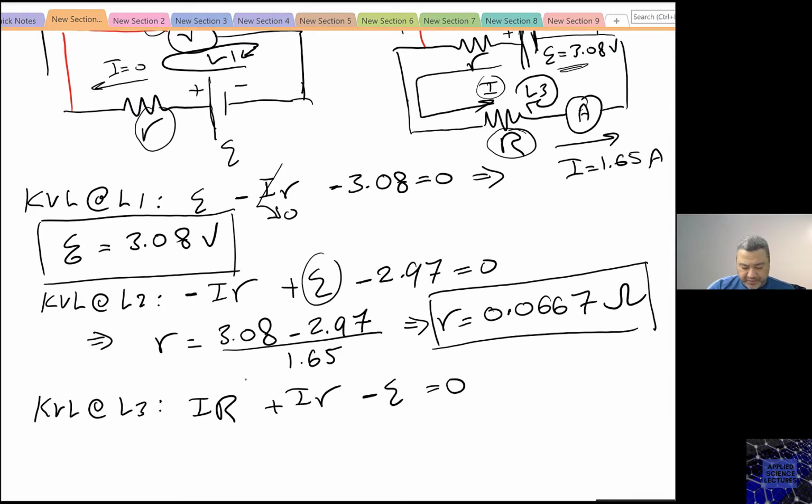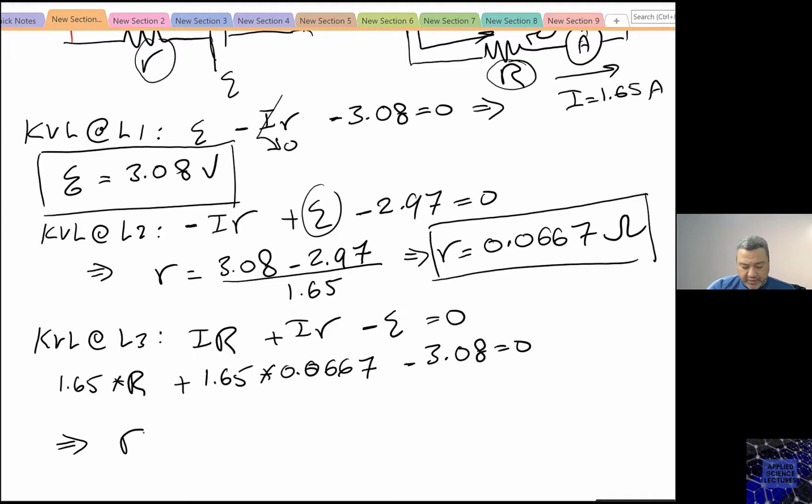So here I have 1.65 times capital R plus 1.65 times 0.0667 minus 3.08 equals to 0.